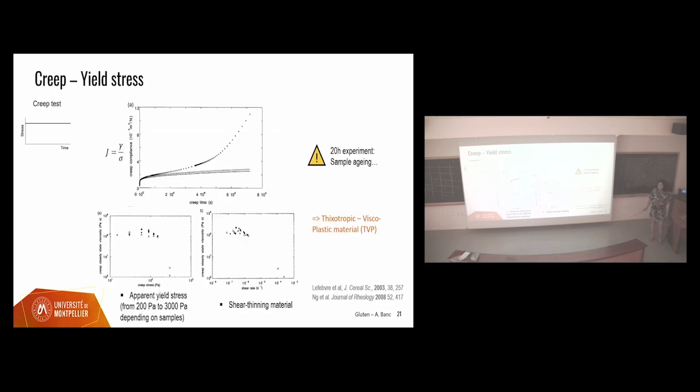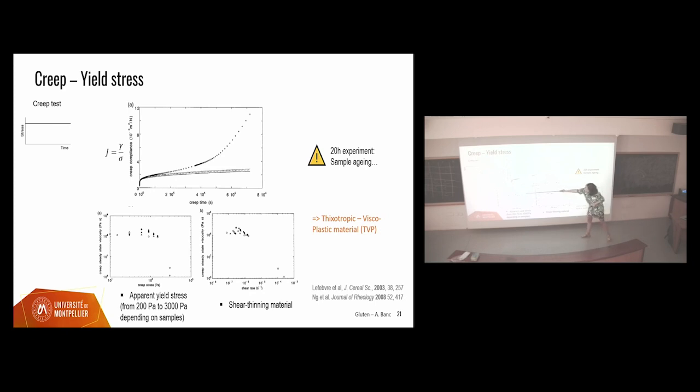We can also perform creep measurements. Here, the creep test was performed for stress below 200 pascals, and above 200 pascals, we have flowing of the material. So people concluded that gluten displays a yield stress behavior.